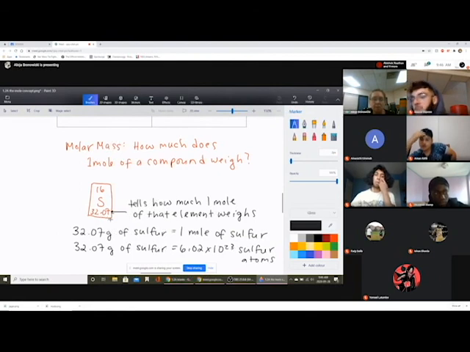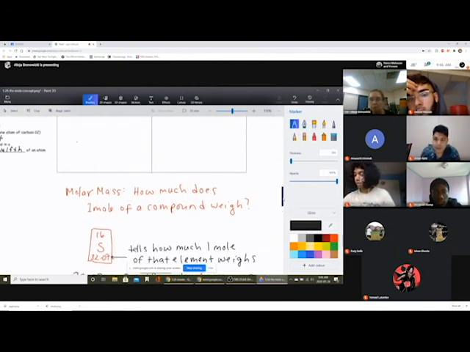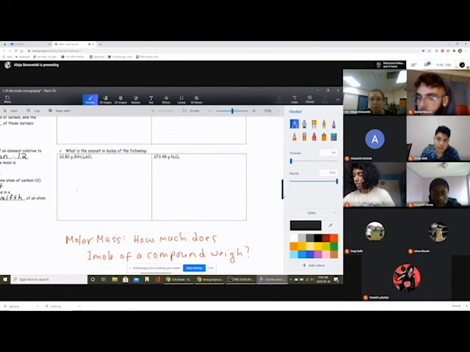And that's why this is such a beautiful thing to bring into the lab, because now if my equation is telling me that I need 1 mole of sulfur, I know how much to weigh out to get that amount. It all comes from that bottom number in the periodic table. So that's what we're going to do some calculations with.